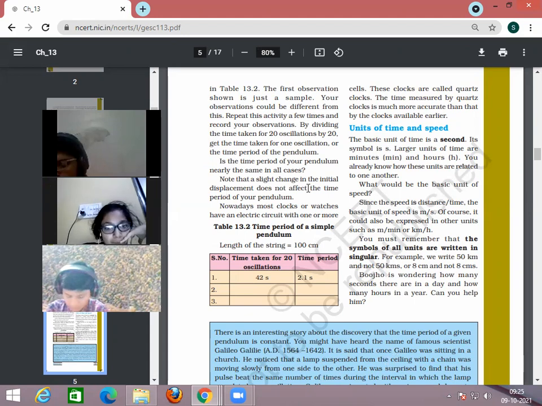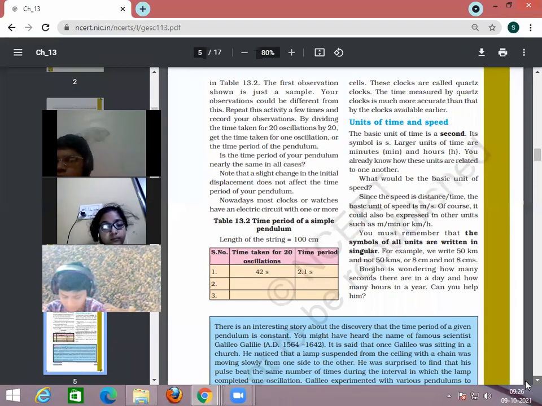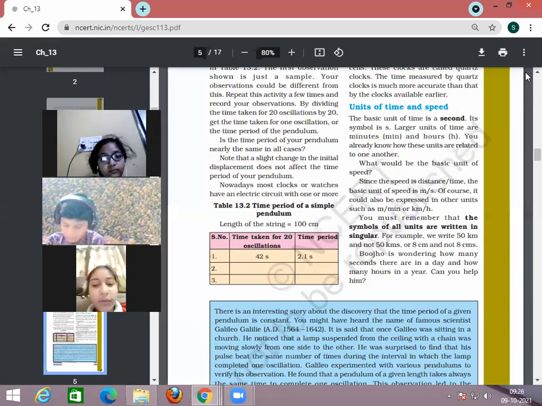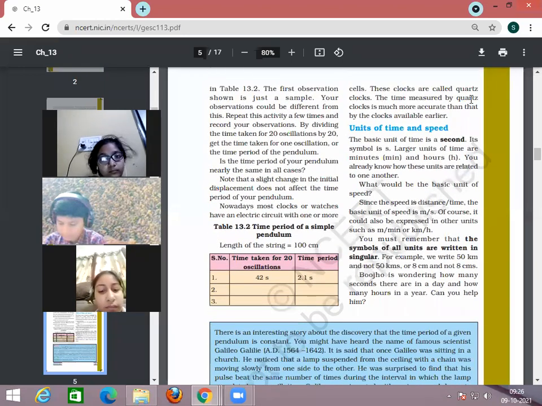Note that a slight change in the initial displacement does not affect the time period of your pendulum. Nowadays, most clocks or watches have an electric circuit with one or more cells. These clocks are called quartz clocks. The time measured by a quartz clock is much more accurate than by the clocks available earlier.